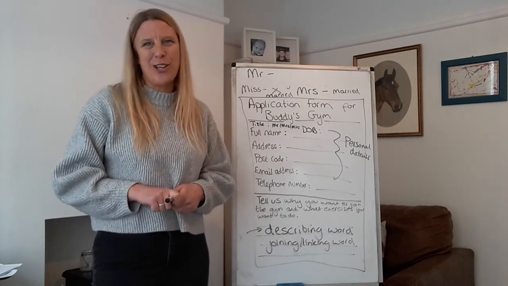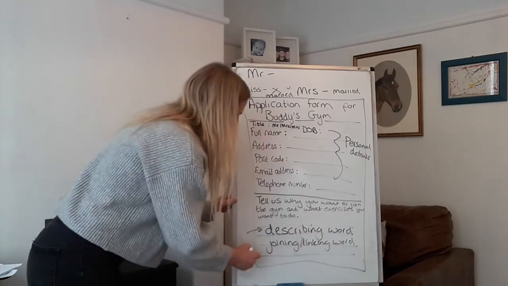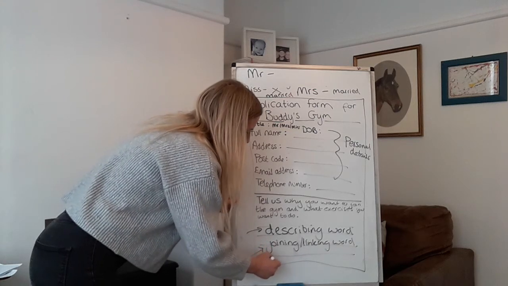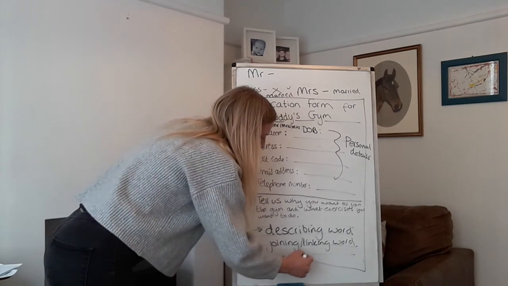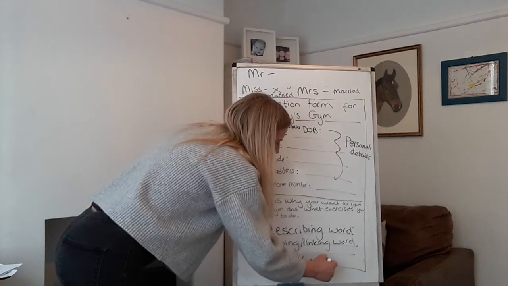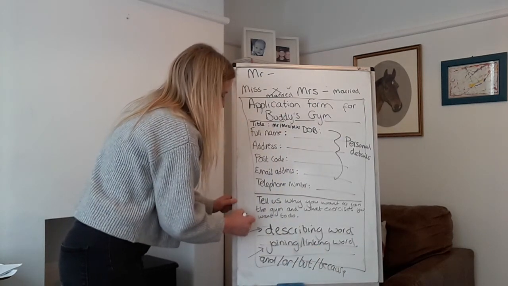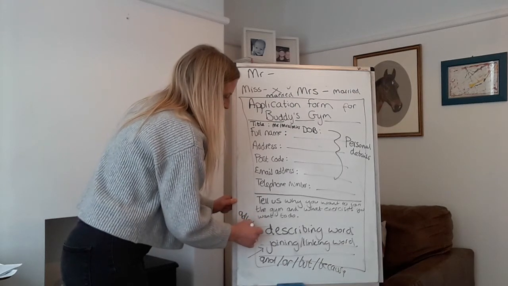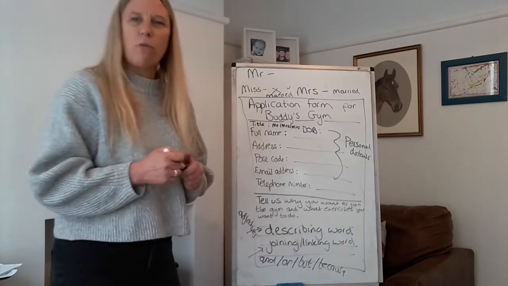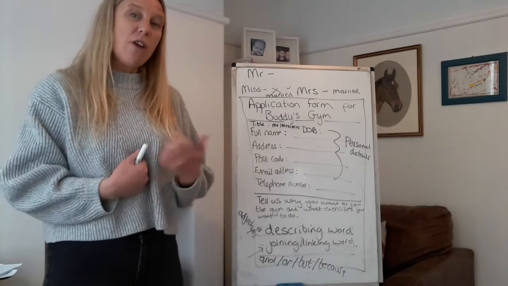So that's okay, not so bad. But yeah, joining words are things like and, or, but, because, and describing words are adjectives, which we will look at more as we go along, but I'm just giving you an overview today.